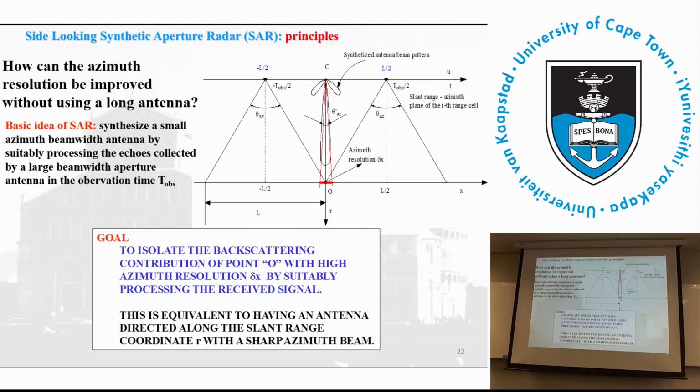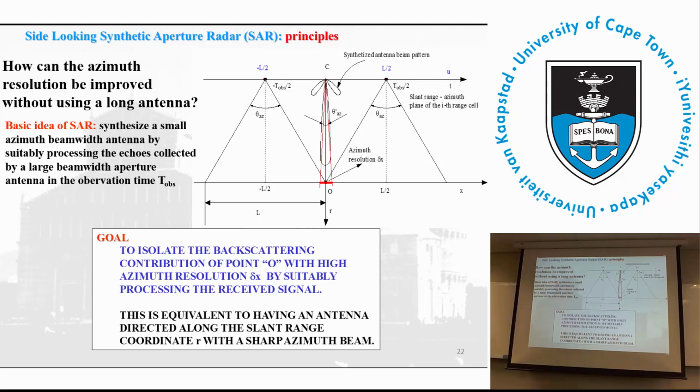So we assume that this radar is going to be switched on at some point here and switched off at some point here. What we're trying to create here is some virtual azimuth beam that is much finer than the one of a single element, and it basically can isolate a small region on the ground with a certain azimuth resolution.